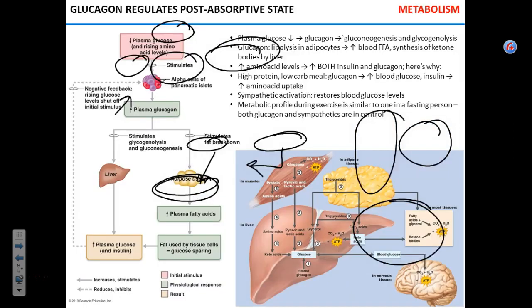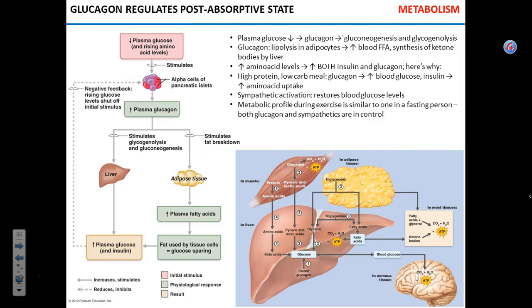And what regulates this process? Glucagon, right? So low blood glucose, low blood amino acids. Plasma glucagon goes up. Liver, via glycogenolysis and gluconeogenesis, increases plasma glucose.